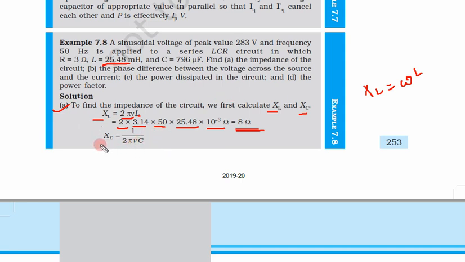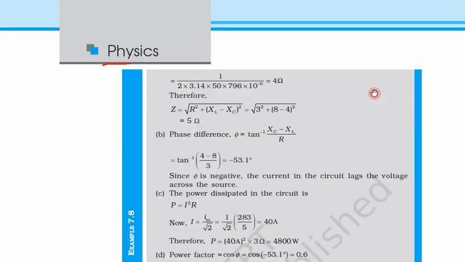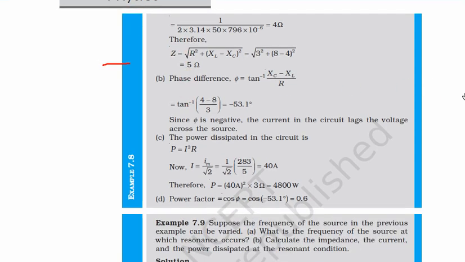Now the capacitive reactance. We know XC is equal to 1 by omega C, where omega is again 2 pi nu. Let us calculate this capacitive reactance: 1 upon 2 pi nu C, with capacitance 796 into 10 to power minus 6, because it is 796 microfarad.